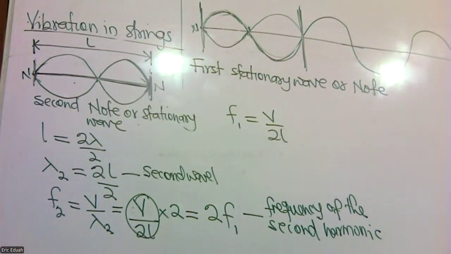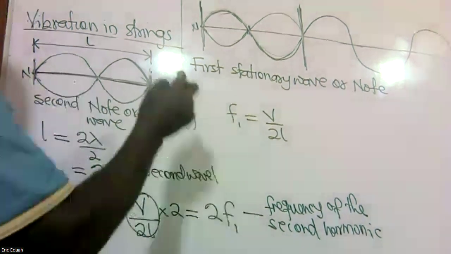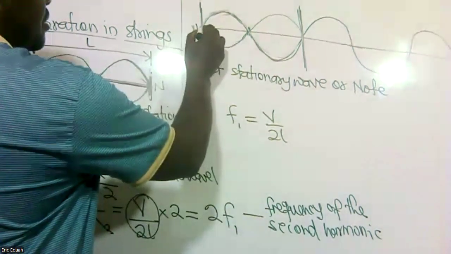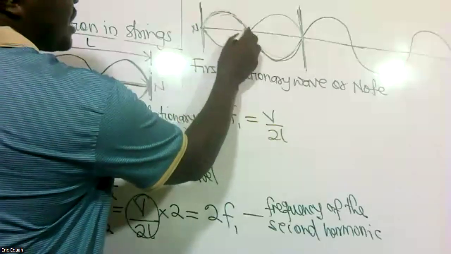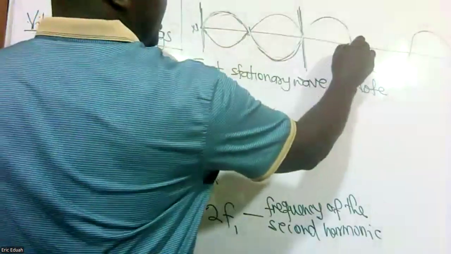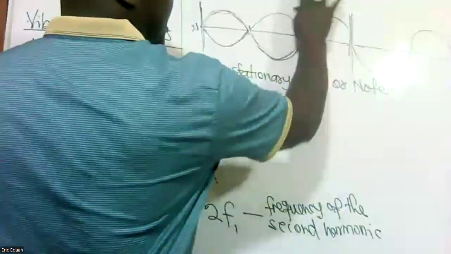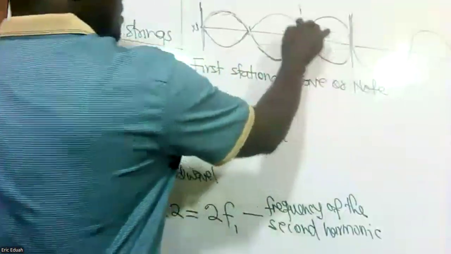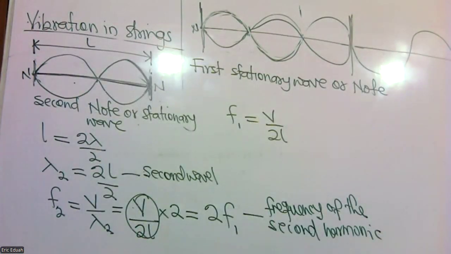Okay. The third possible stationary wave that will be formed is from a node to a node. So first one, second, this will be the third. So it means the barrier is the same length.